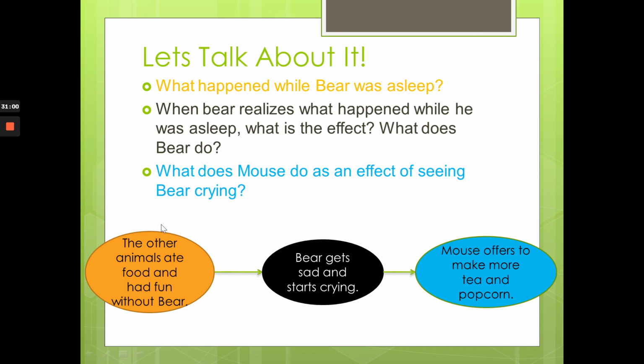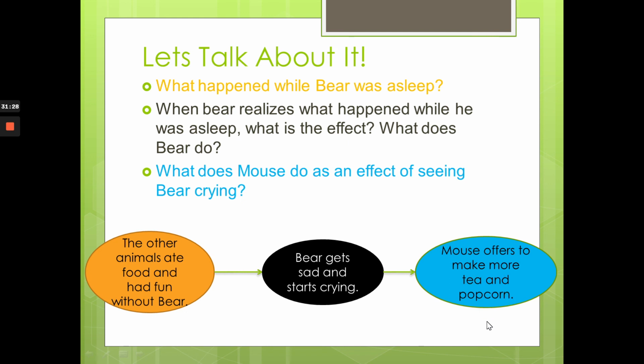So this one cause has two effects. When Bear gets sad and he starts crying as an effect of the animals eating and having fun without him, this effect is the cause of making Mouse offer to make more tea and popcorn.